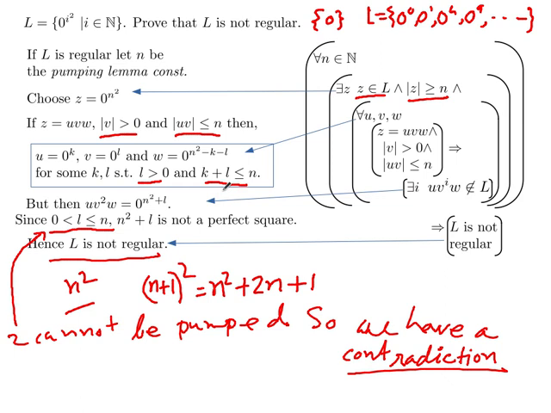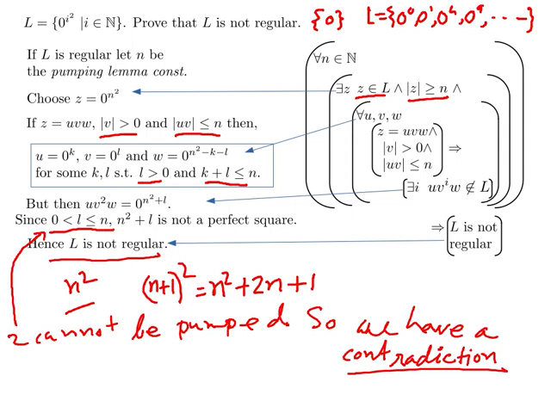Also, closure properties help us, together with pumping lemma, to prove that certain languages are not regular. But the basic tool for proving something is not regular is mostly pumping lemma.